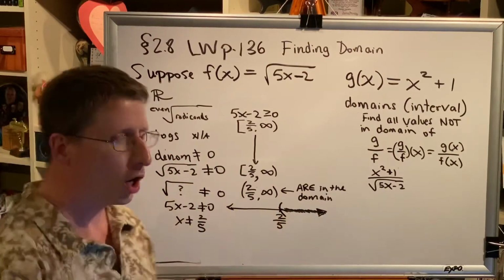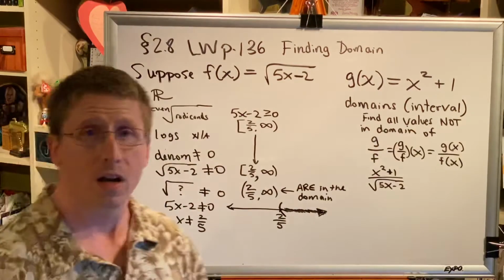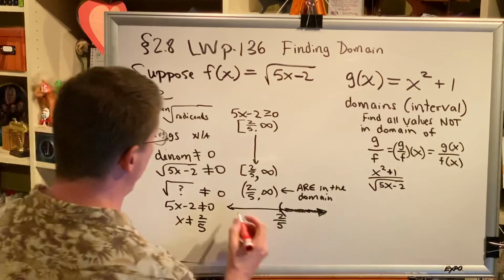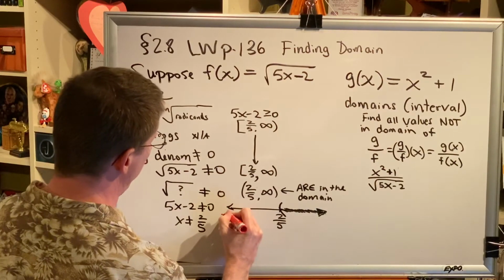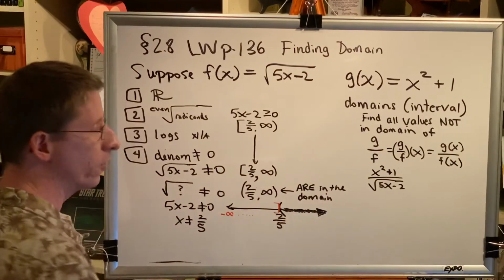Those are the numbers that are in the domain. So which numbers are not in the domain? Well, that would be everything else. Everything else from negative infinity all the way to 2/5.